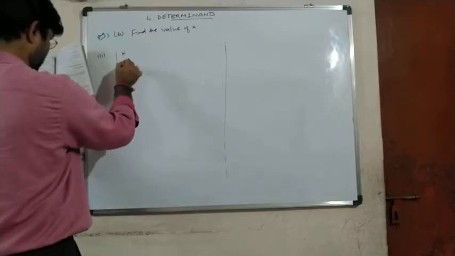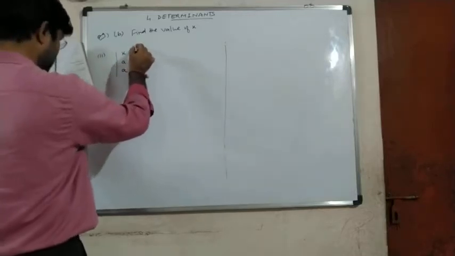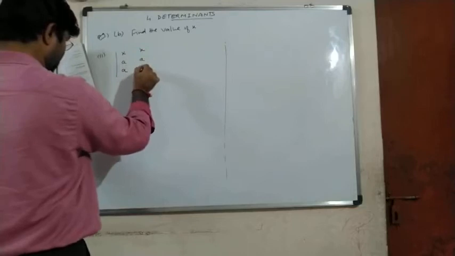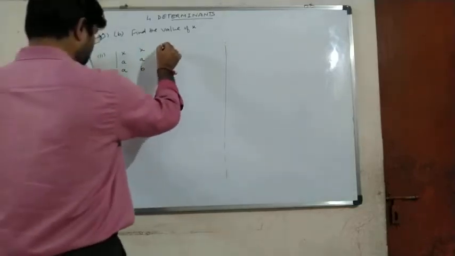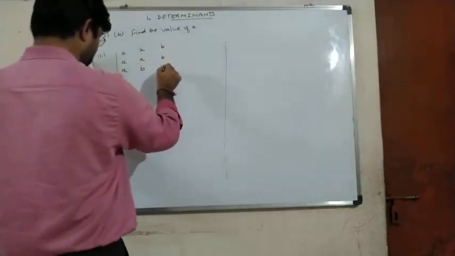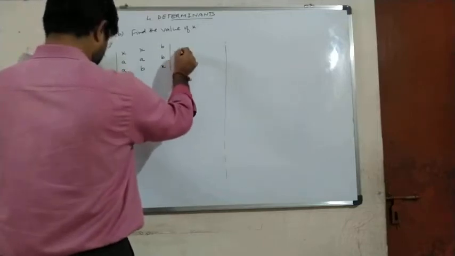Okay, we have XAA, XAB and BBX equal to 0.